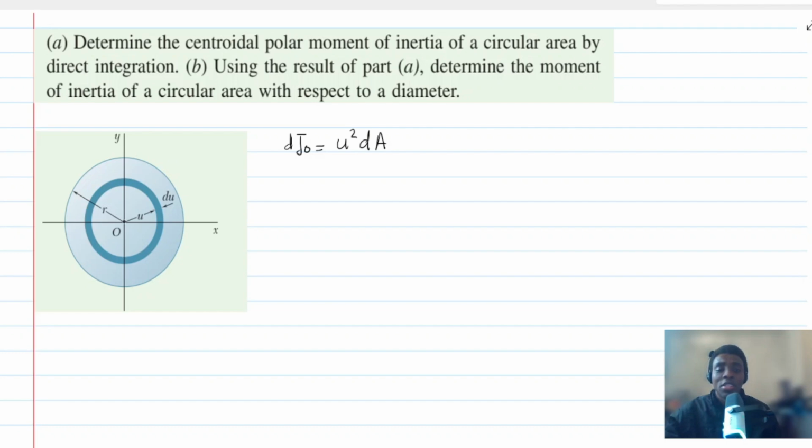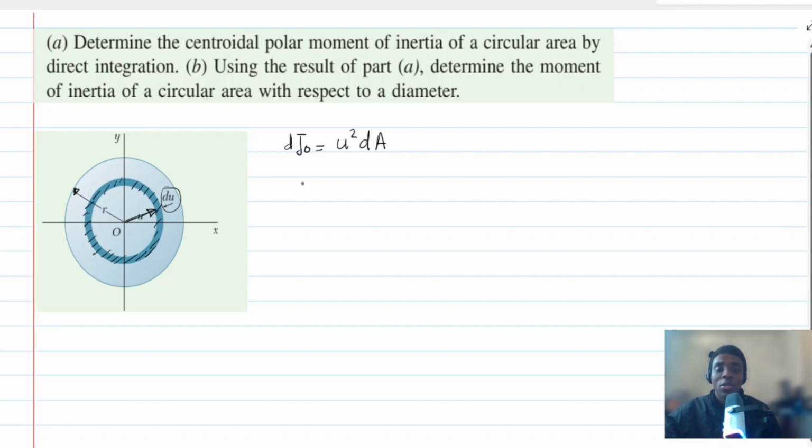Say you have a circular cross section and you take a strip, which looks like a ring. Instead of calling this r, you call it u. So u is the radius of the small area with thickness du.